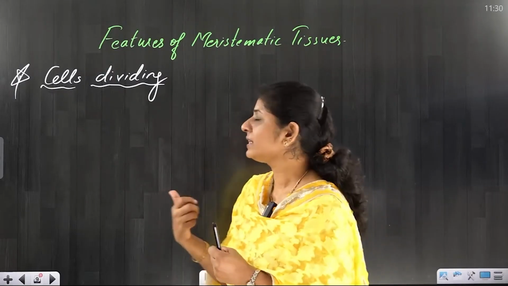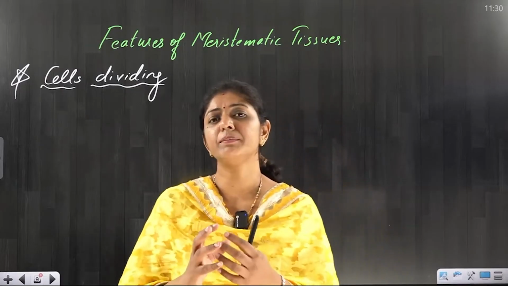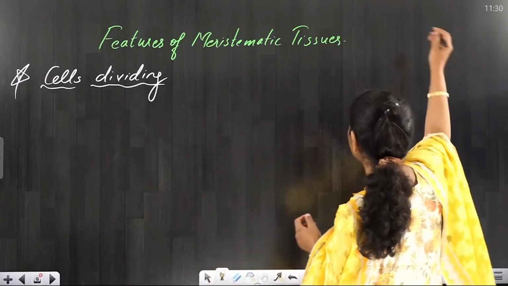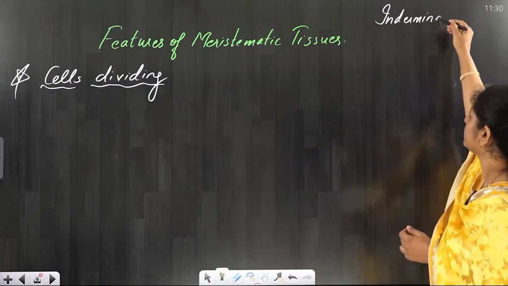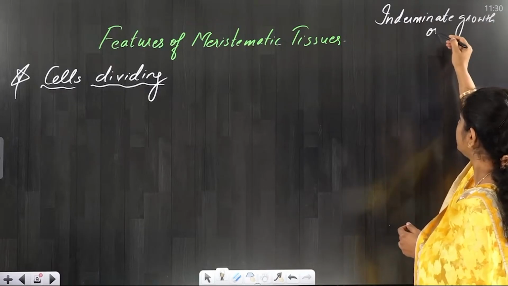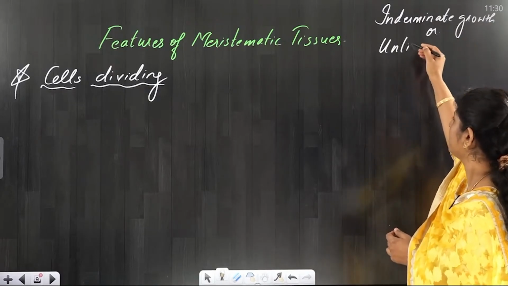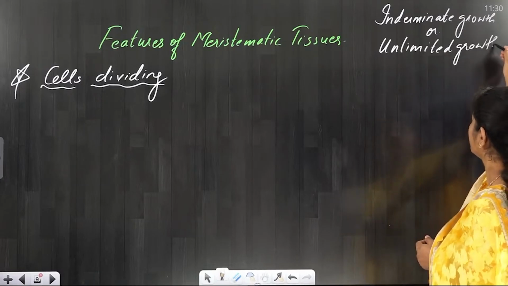Due to these meristems only, the plant has indeterminate growth. The word I used, indeterminate growth, or you can even call it unlimited growth. They keep on dividing, right.